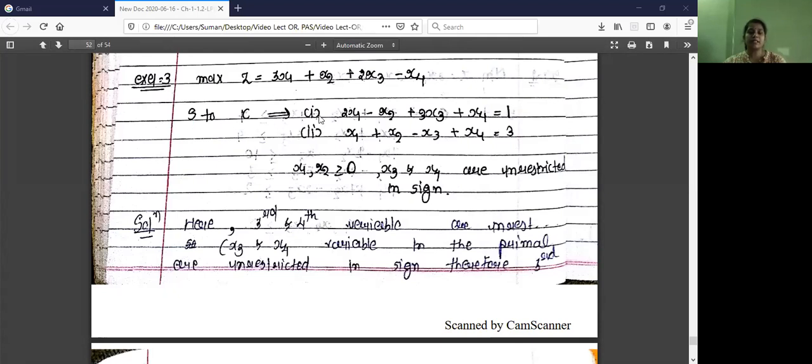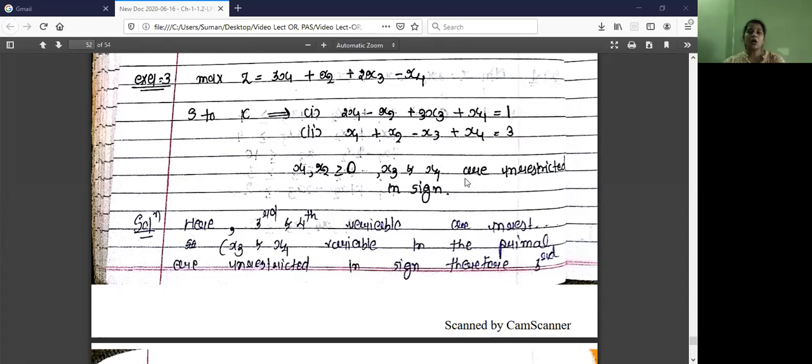Subject to constraints, we are given two equations: 2x1 minus x2 plus 3x3 plus x4 is equal to 1, and our second equation is x1 plus x2 minus x3 plus x4 is equal to 3. We have four decision variables x1, x2, x3, x4. In our condition, x1, x2 are greater than or equal to 0, but x3 and x4 are unrestricted in sign.